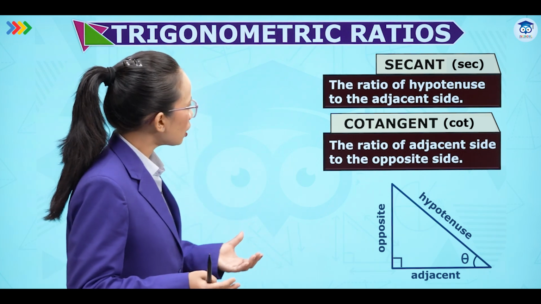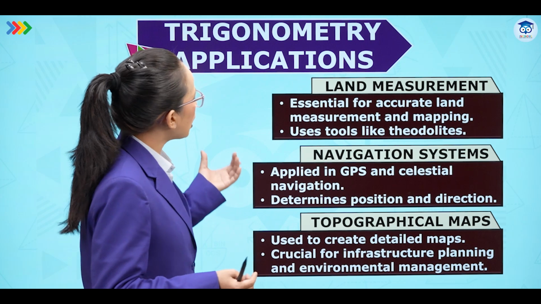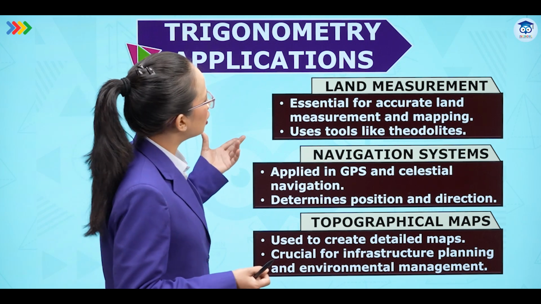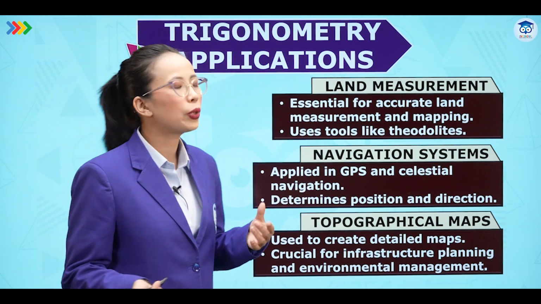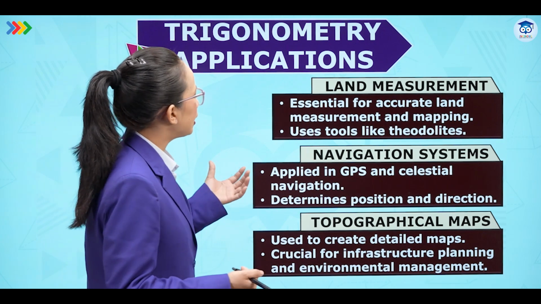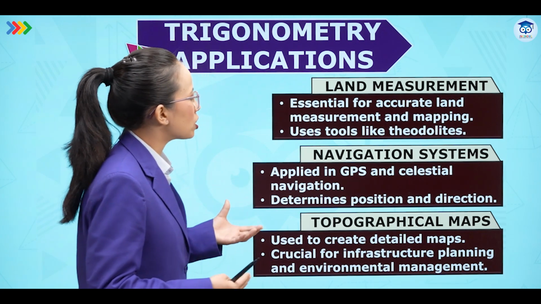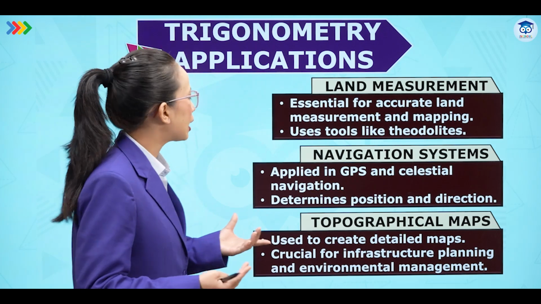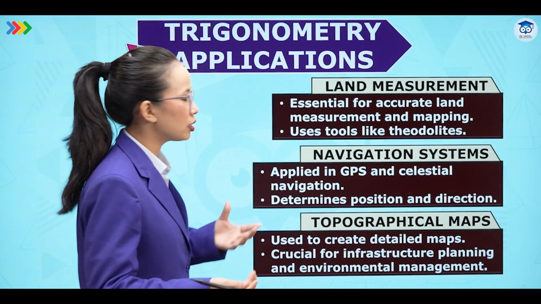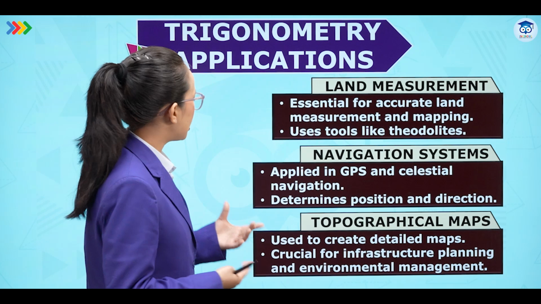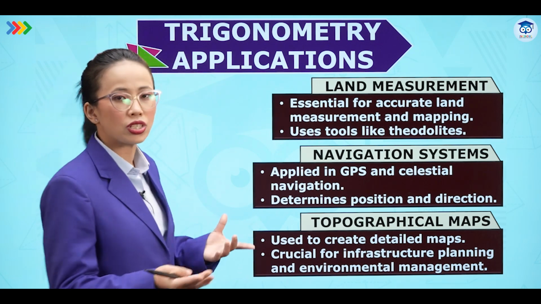Now, more applications we have in length measurement that we are going to see in the coming slides. We also use it in navigation systems, where we can calculate in the GPS, and the distance of celestial objects and navigation.